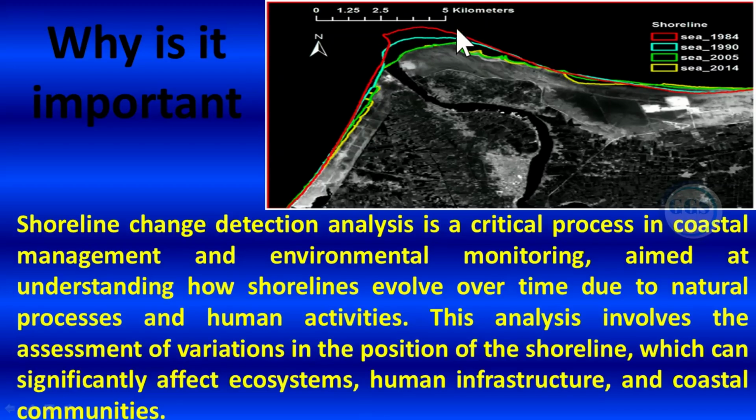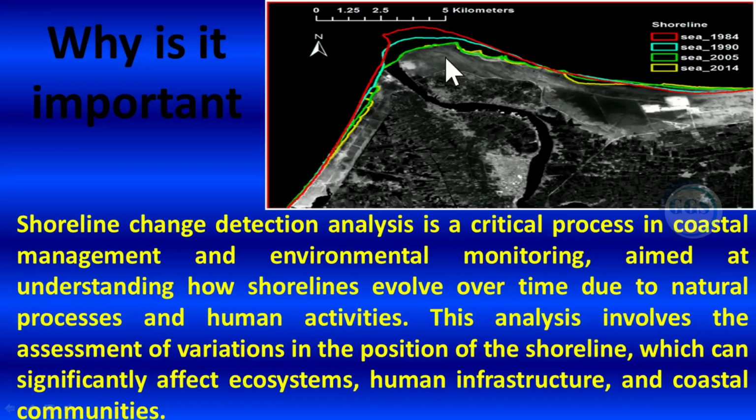However, by 1990, the shoreline has changed to this very light blue. Then, by year 2005, you can see that the line has moved away from where it used to be. You can see it here. And by year 2014, you can see it, this is yellow, in yellow.